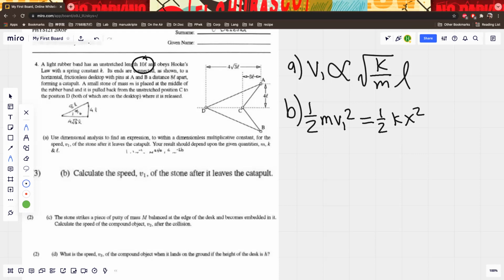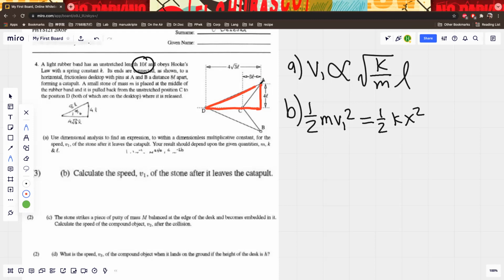We know the original length of this elastic band, and we want to know the final length of the elastic band after it's been stretched. That's where we have this 4 root 3L and this 3L and this 4L. With that, we have to figure out, let me change the color, we have this right-angled triangle here.